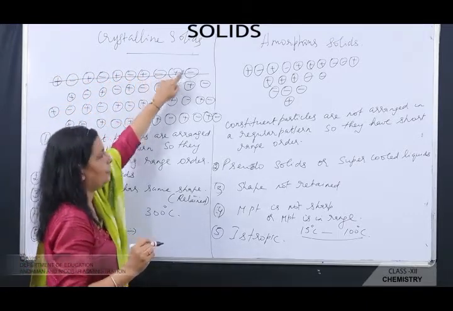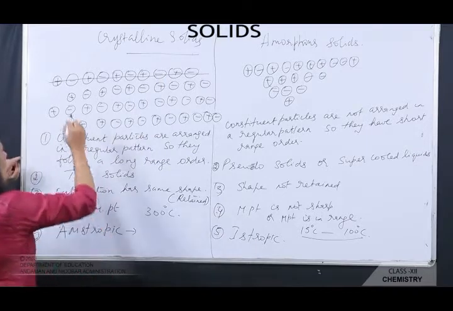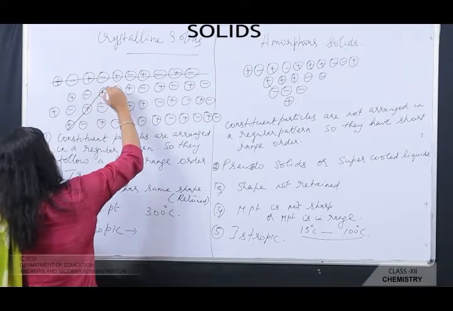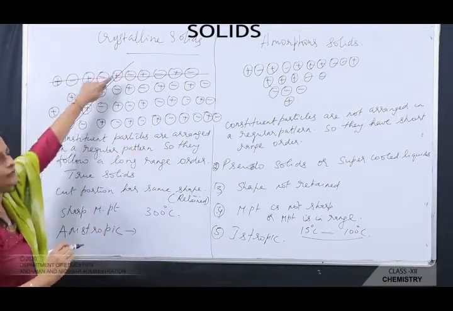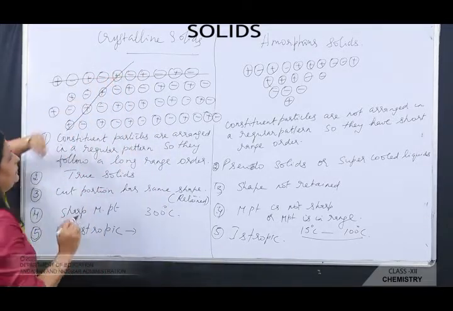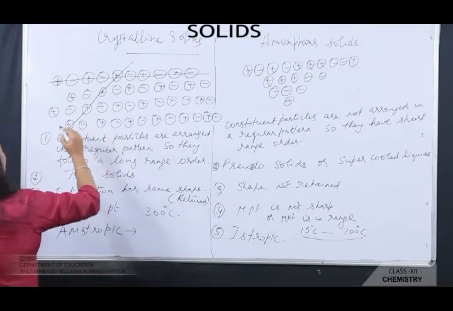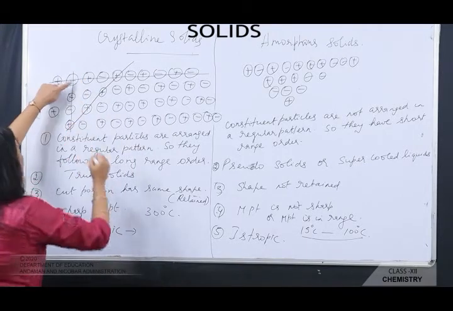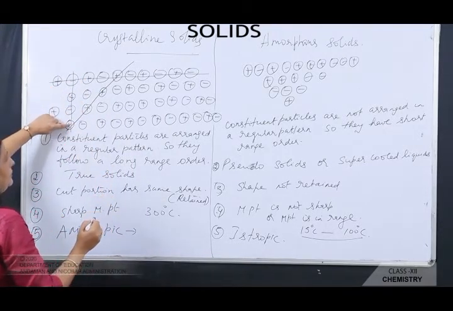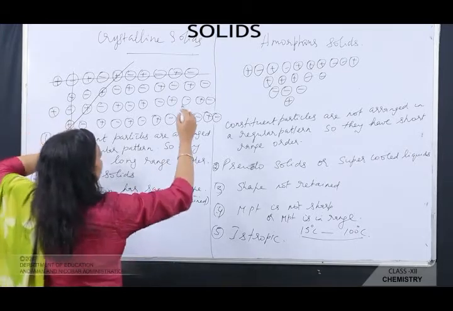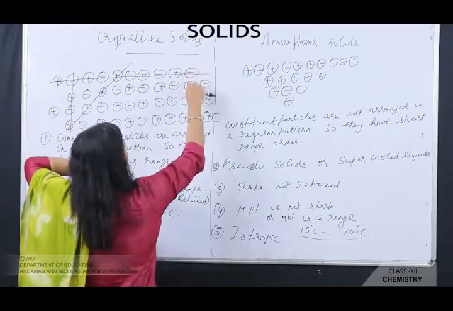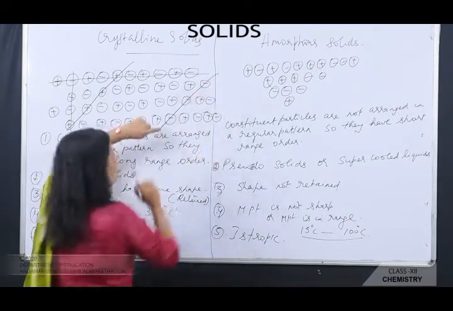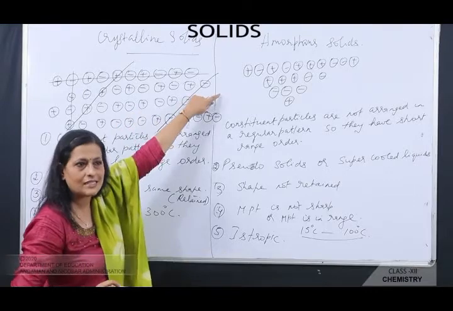Now I am going in this direction. Now the physical property is only due to what? Cation. Then I am going in this direction. It is due to what? Anion, cation, anion, cation. Got it? Then here again it is anion, cation, anion, cation. Now if I go this way, it's due to what? Only anion. So is it clear?